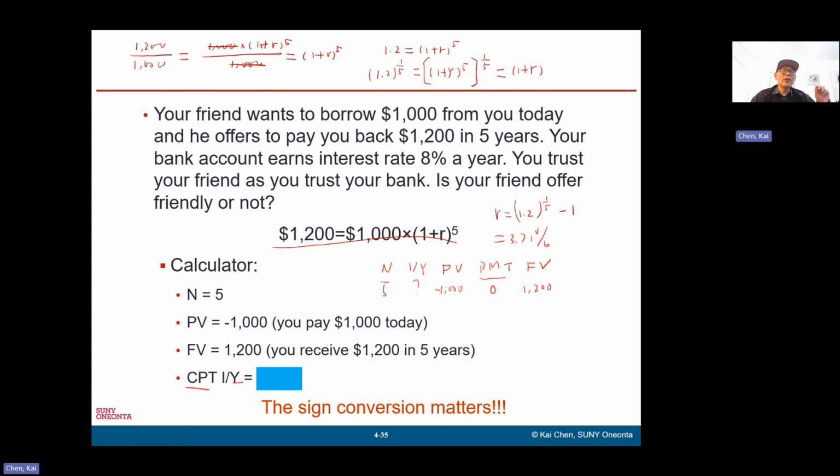In this case, I over Y is what we're looking for, and it would be an output with percent as a unit. So I believe on your screen, it shows 3.71.